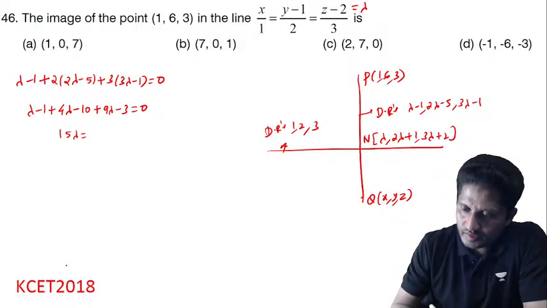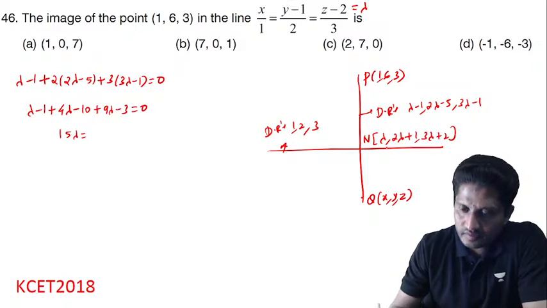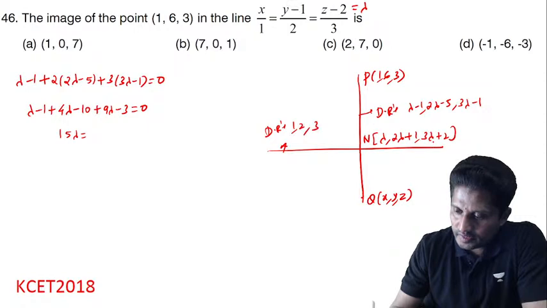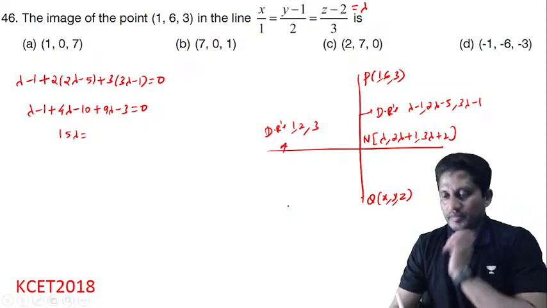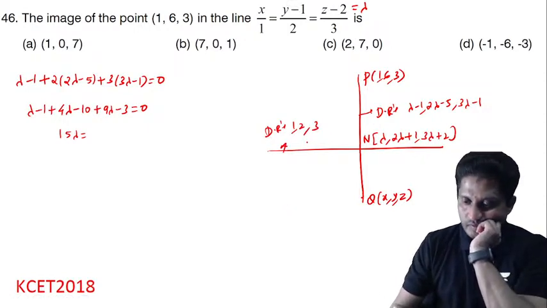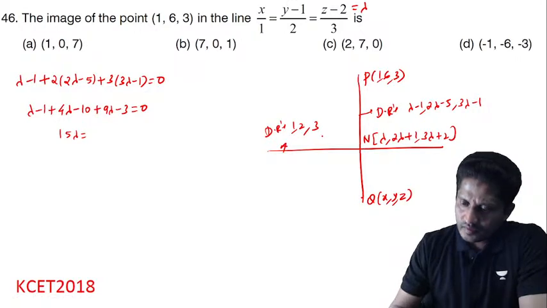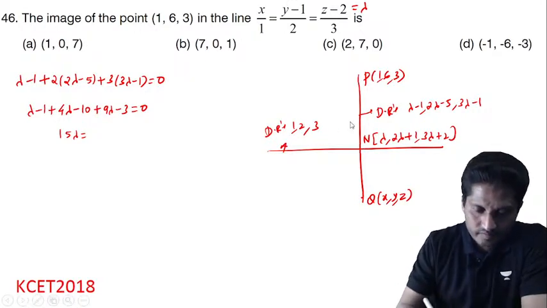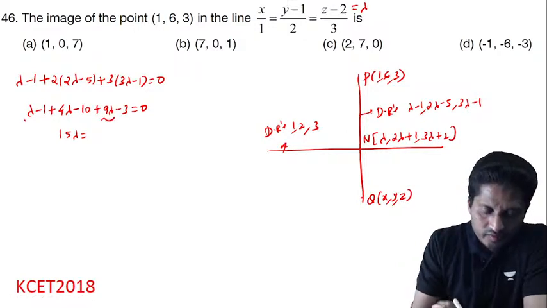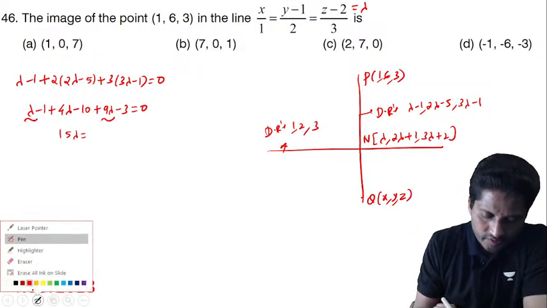Sorry, this is lambda only, no? Right. Lambda, 2 lambda plus 1, 3 lambda plus 2, minus the point, multiply the DRs, 1, 2, 3. Lambda minus 1, 4 lambda minus 10, and then 9 lambda minus 3. 9 plus 1 is 10, 10 plus 4 is 15.